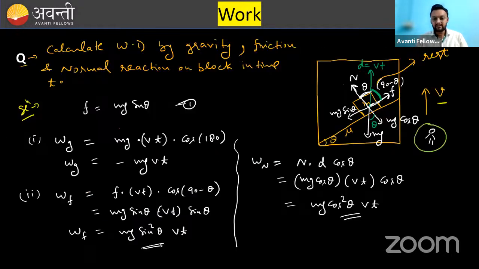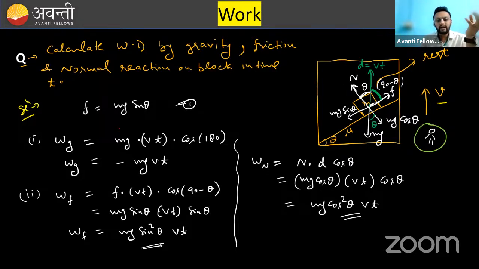If the observer was not there, if it was in the lift itself, then for that observer, the block was not moving. If you are in a lift and the lift is moving, the person in front of you isn't moving. So there is no displacement of the person and work done will be zero. So work depends on frame of reference.